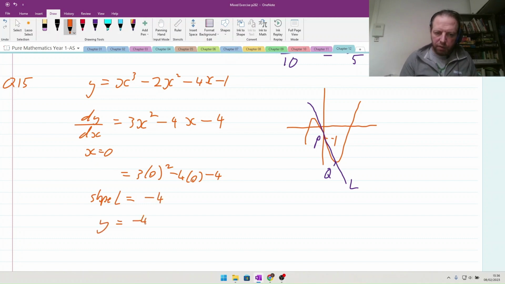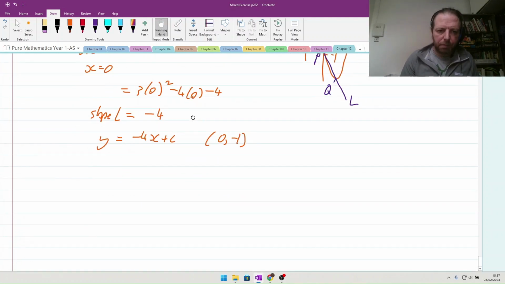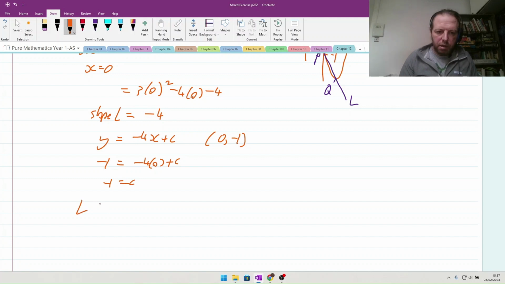Y equals minus 4x plus c, and I know it goes through the point 0, minus 1, giving me an equation of minus 1 equals minus 4 times 0 plus c, minus 1 equals c, so L is y equals minus 4x minus 1.